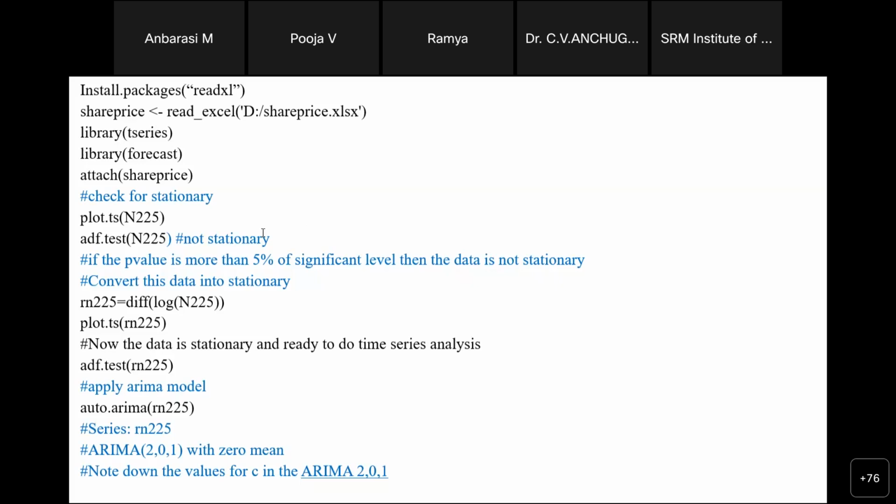First, we have to install the packages, and then download the data set, share price. Here I'm going to read the Excel file. I have already downloaded the data set, share price.